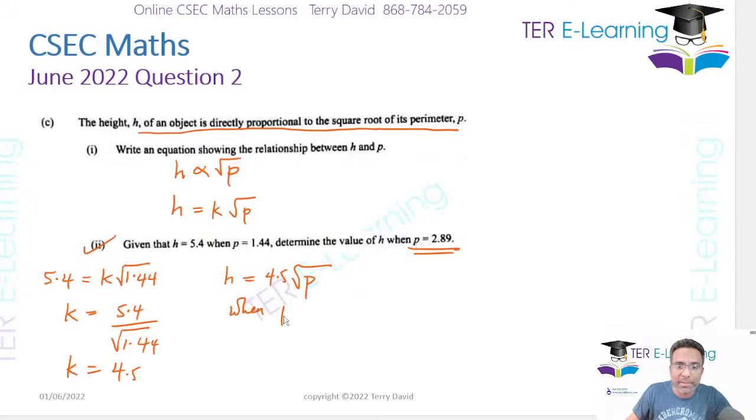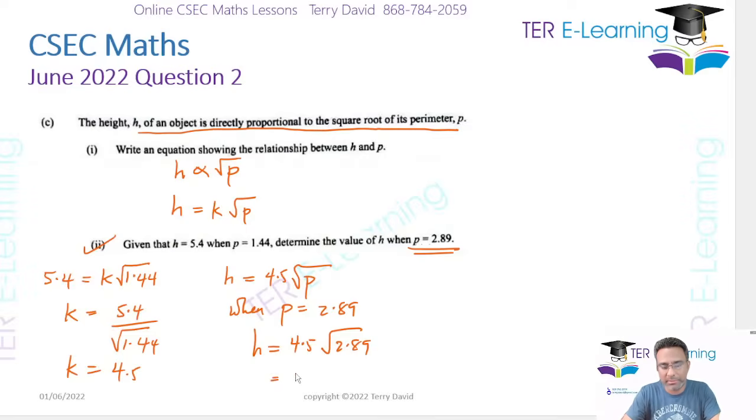So when P is equal to 2.89, H is equal to 4.5 multiplied by the square root of 2.89, and that's going to give me, I'm getting 7.65. So that's the answer for that part.